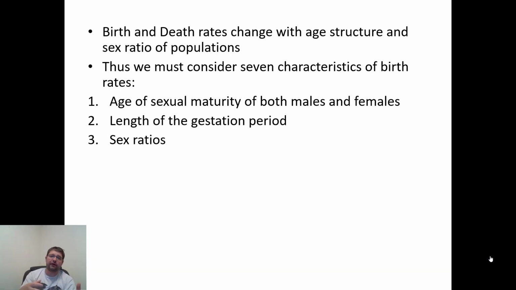Okay, so depending on the polygamy type of sexual relationship that organism goes through, sex ratios can really have a big play in what the birth rate is going to be for a given organism.